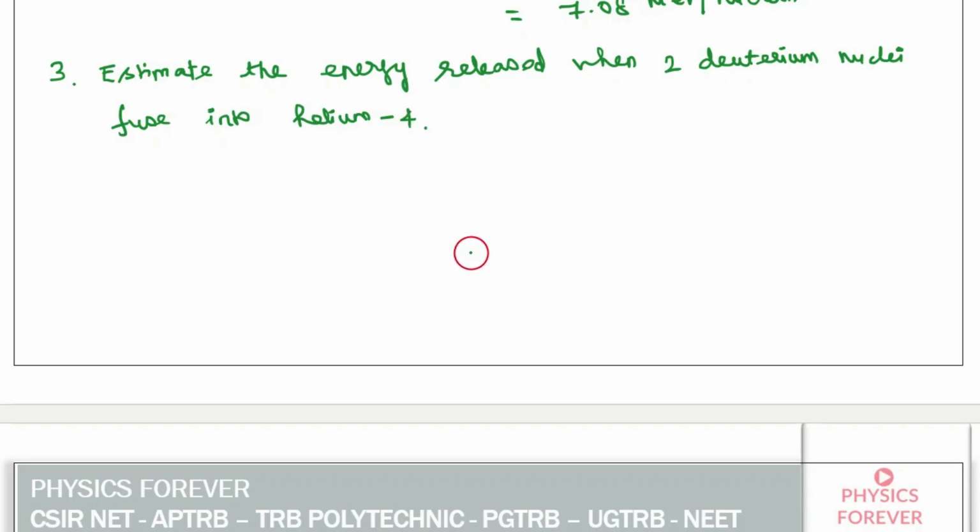So this is the question. Then estimate the energy released when 2 deuterium nuclei fuse into helium 4. Okay. அப்போ இங்கே நமக்கு தெரியணும், what is the helium, what is the binding energy for helium? 28.3. Okay. Then we move on to the solution.